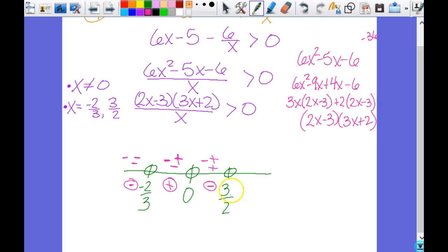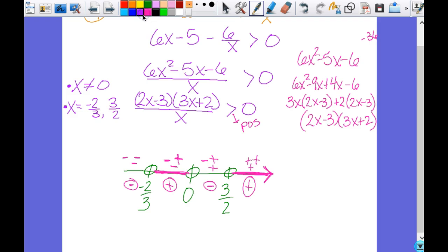So since this is 1.5, I can pick 2. So 2 would give me positive, positive, positive. And since I want it to be greater than 0, that means I'm looking for something that is positive. So I'm going to shade this in here because my number line is important. I'm going to shade this with an arrow.